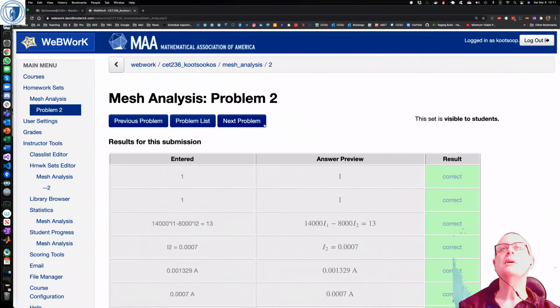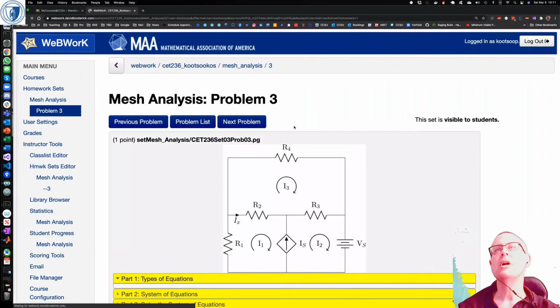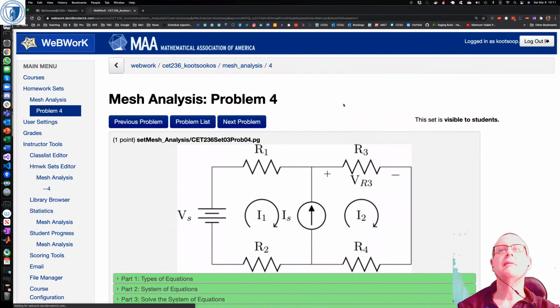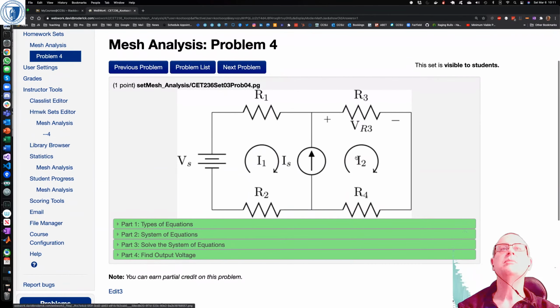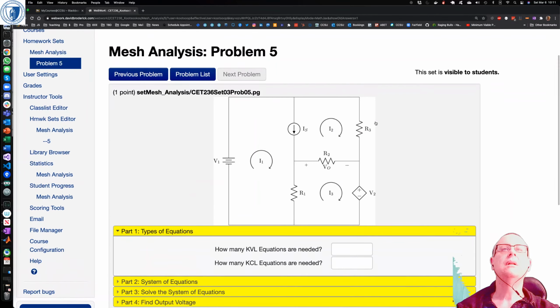So I'm just going to quickly skim through the next, but we'll go through the other questions after the break. So, as I said, this is a super mesh problem. Problem 4 is also a super mesh problem. And problem 5 is a super mesh problem.